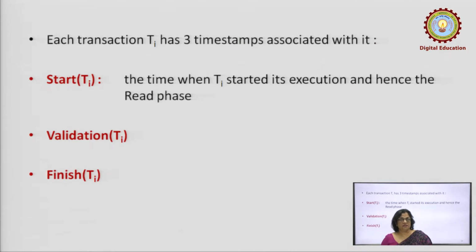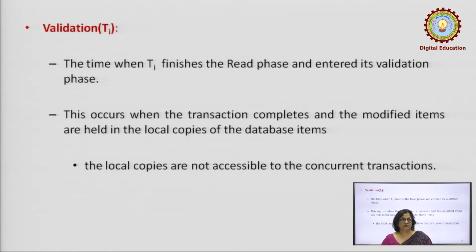Also, each transaction Ti has three timestamps associated with it: a start timestamp, a validation timestamp, and a finish timestamp. The start timestamp is when the transaction has just started or when it has started its read phase. The validation timestamp is the time when the transaction finishes the read phase and enters its validation phase.